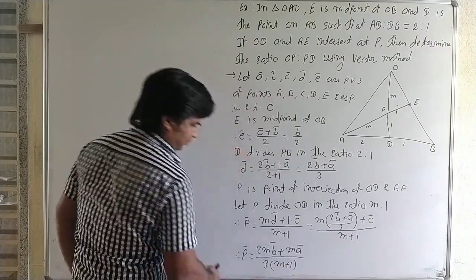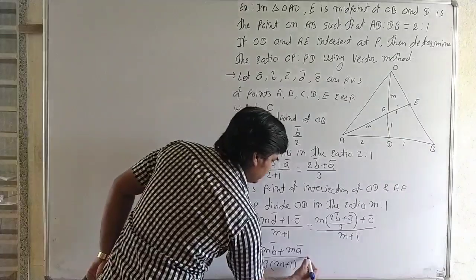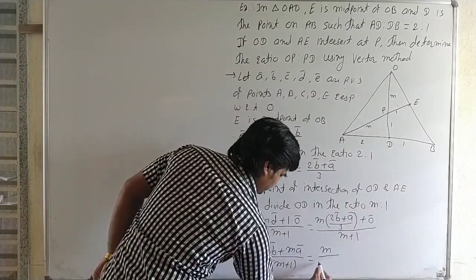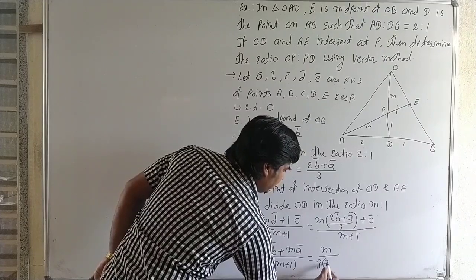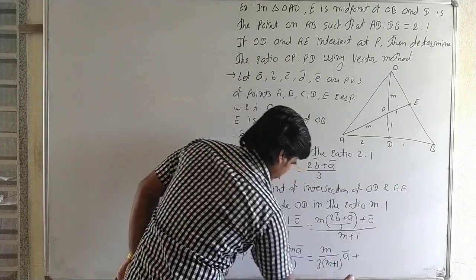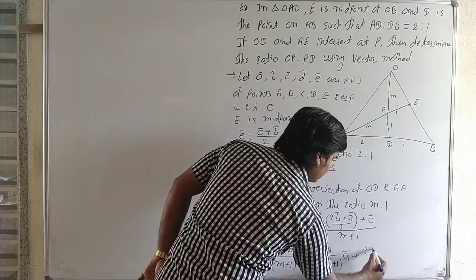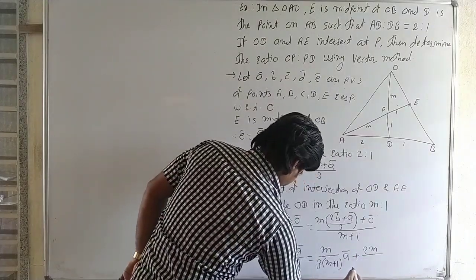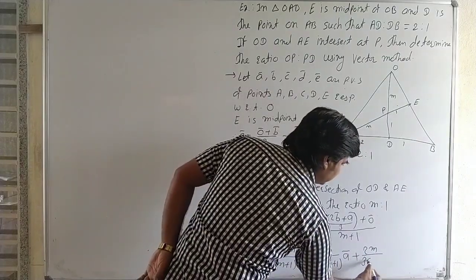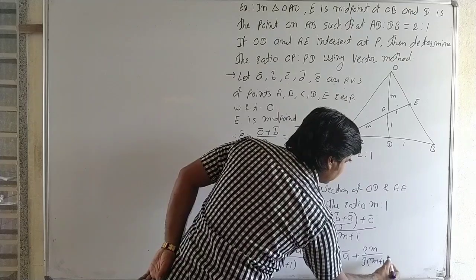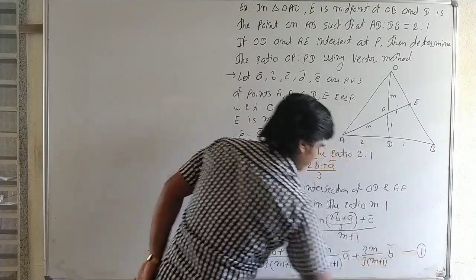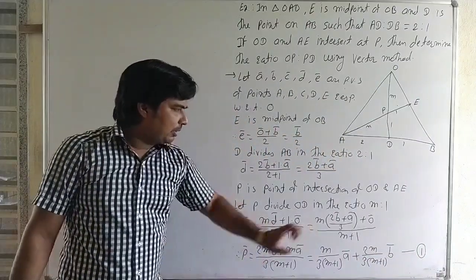We can write P bar as m upon 3(m plus 1) into A bar plus 2m upon 3(m plus 1) into B bar. It is equation number 1.